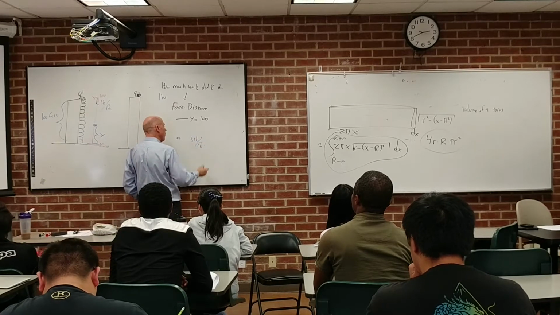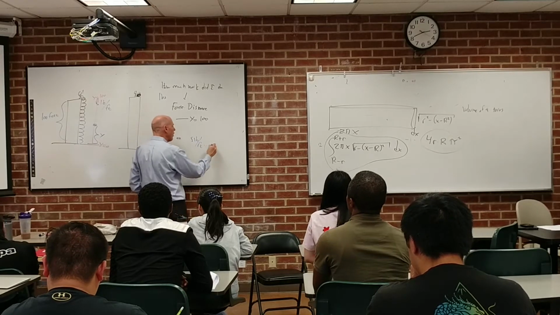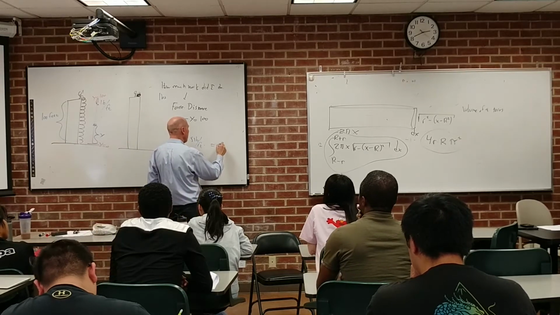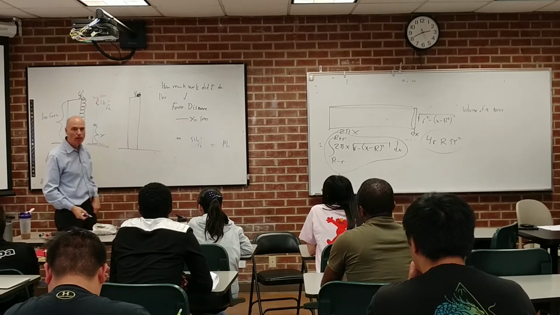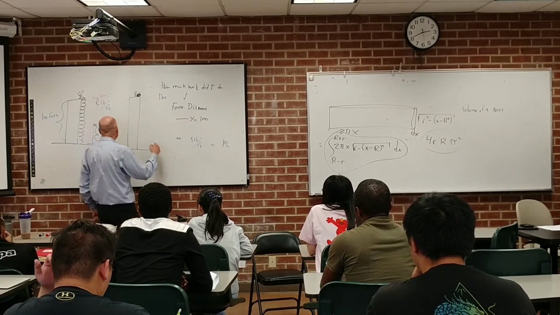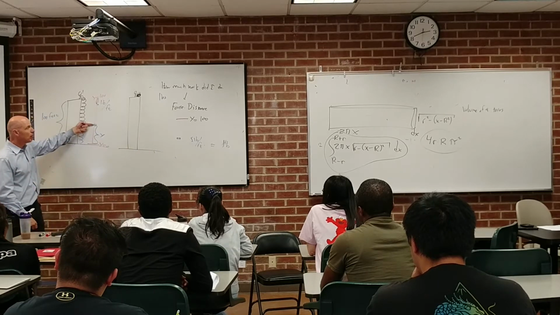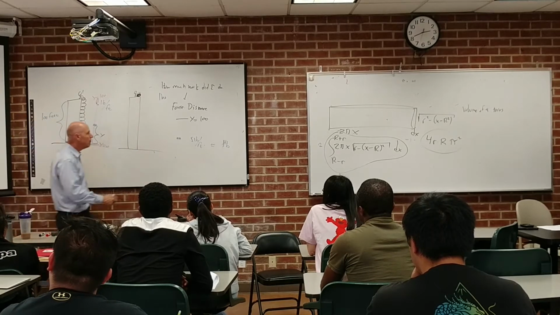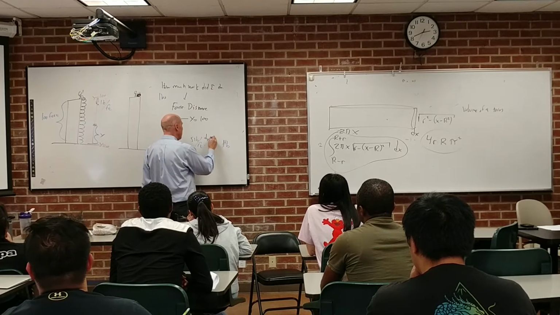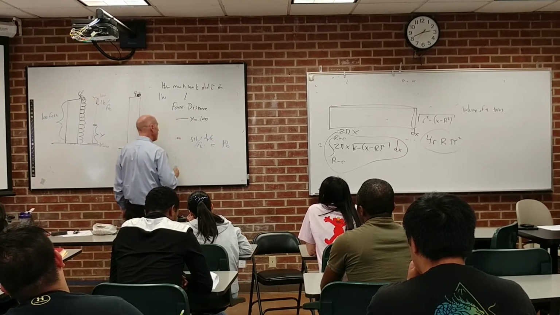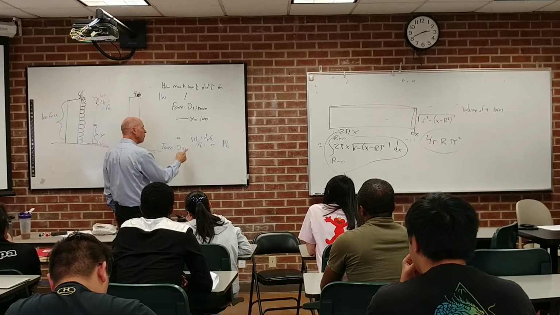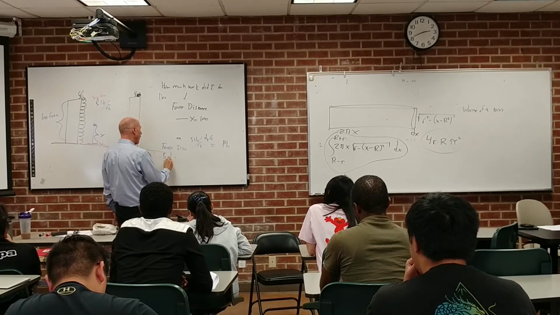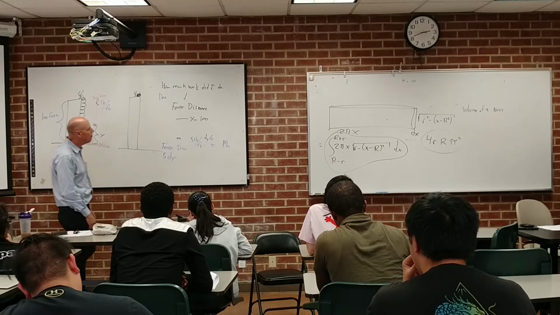So I know that I'm at 5 pounds per foot. And what do I multiply pounds per foot by to give me pounds? Feet. So how many feet tall is my slice? It is dy. So for the force times the distance calculation, the force is 5 dy pounds.